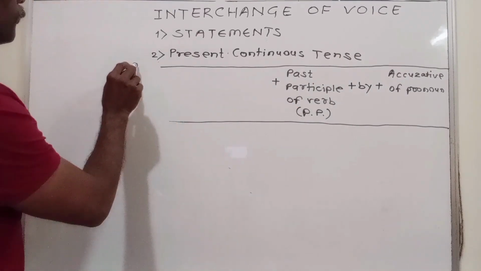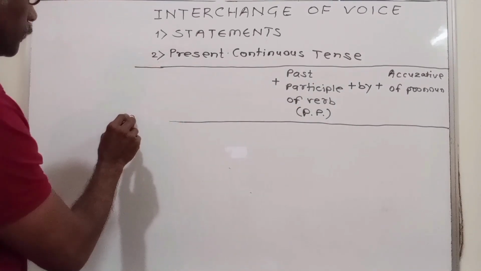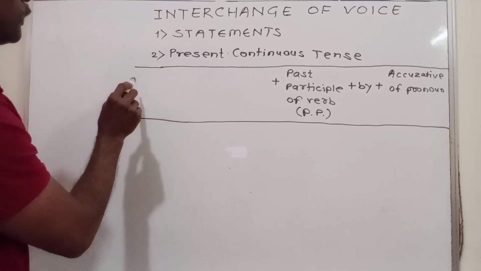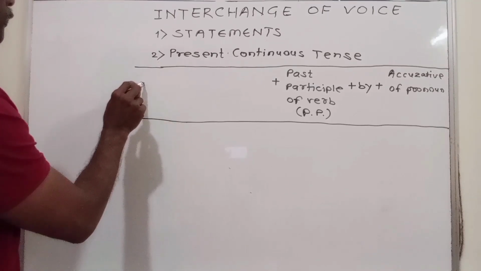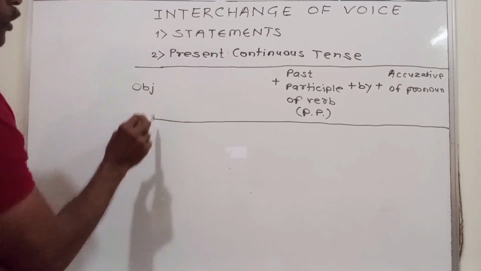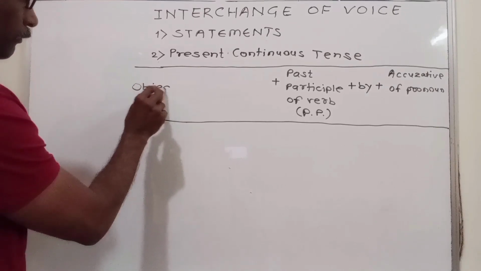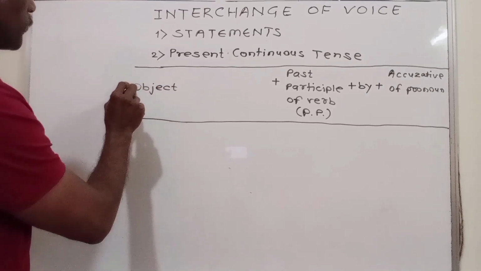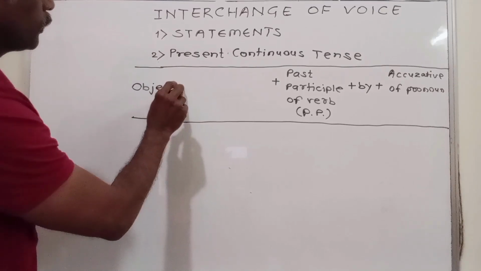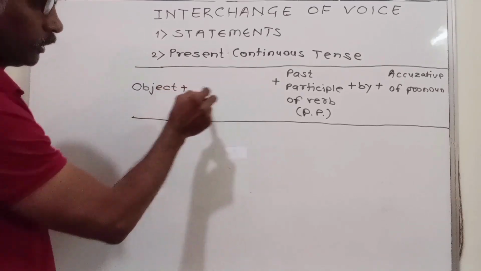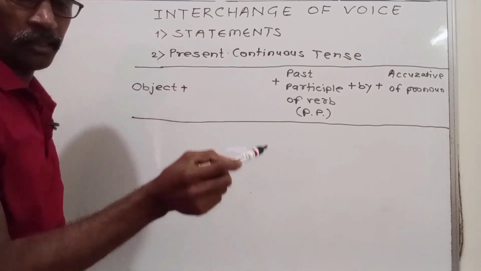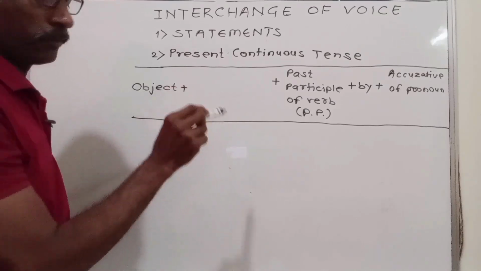Now, rule for this. See here carefully. First we write object, same as this. The only change is here, in the auxiliary verb.